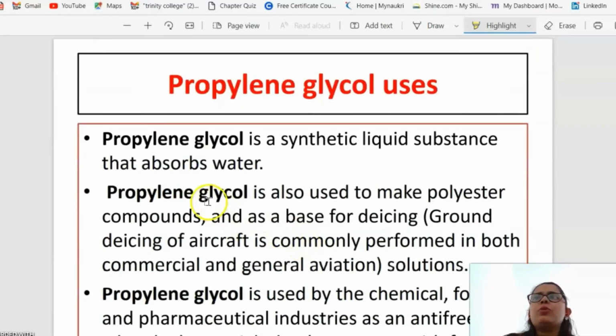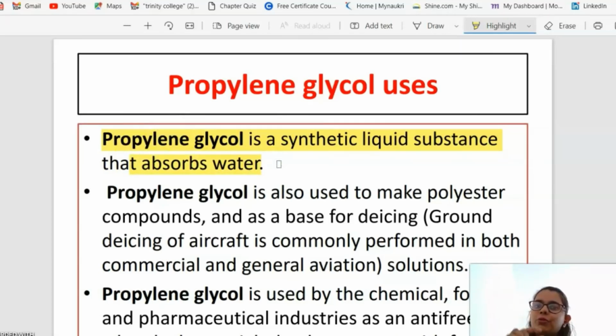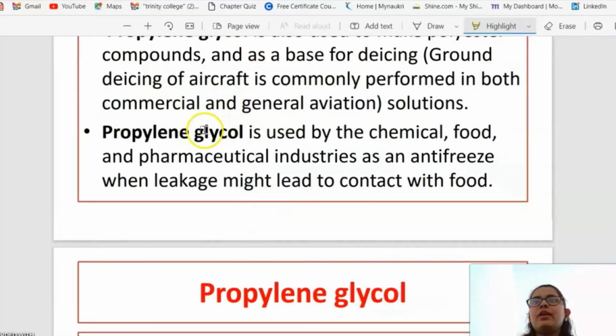Then the last one is propylene glycol and its uses. Propylene glycol is a synthetic liquid substance that absorbs water, and it is also used in chemical industries, food industries, and pharmaceutical industries. The most important use of propylene glycol I am going to read now.